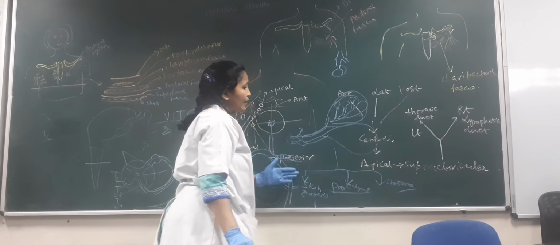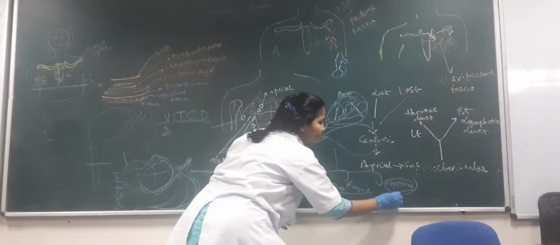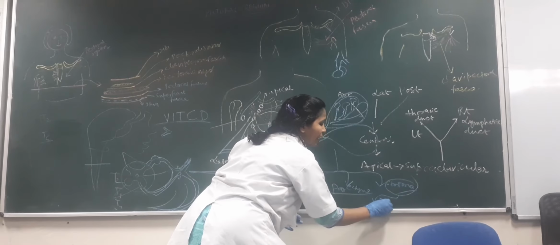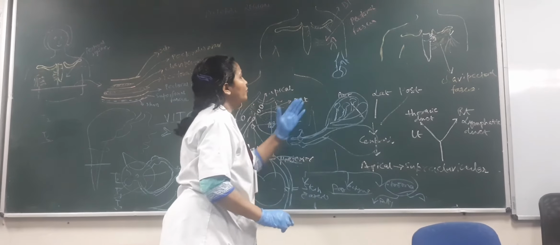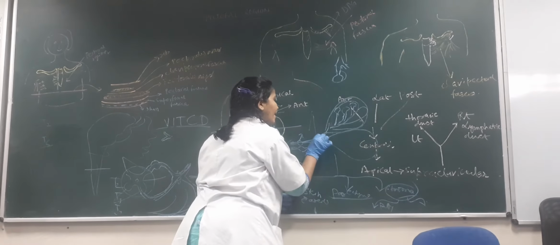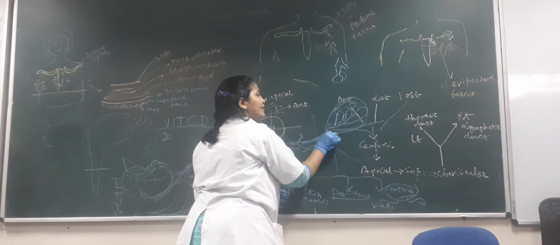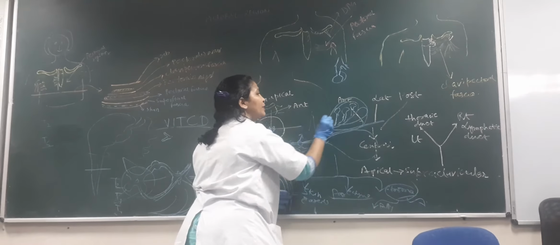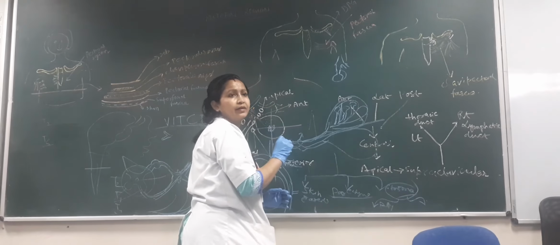Okay, and regarding stroma, it is of two types: fatty stroma and fibrous stroma. Fibrous stroma, in between the two lobes there is interlobar septa, and in between the two lobules, interlobular septa.